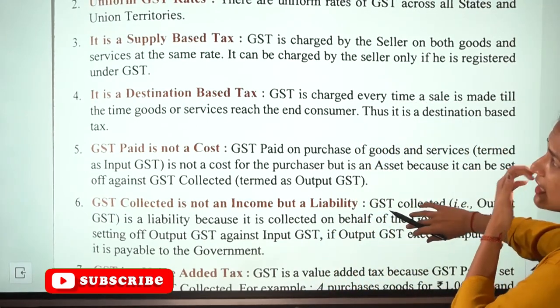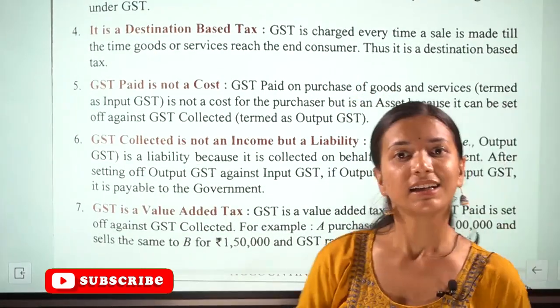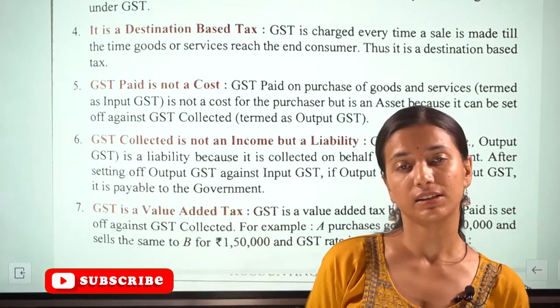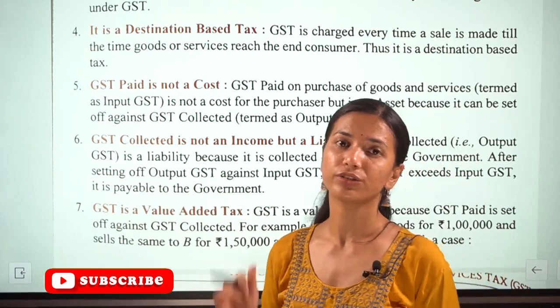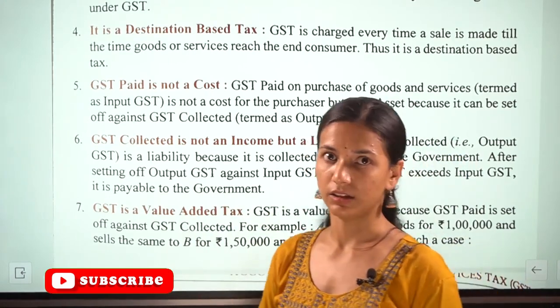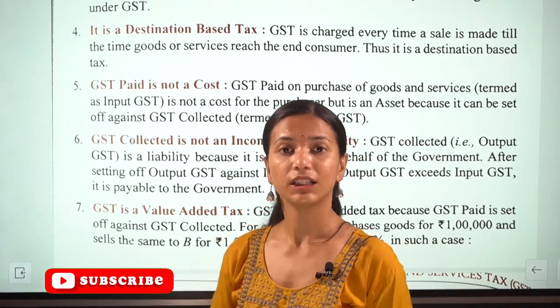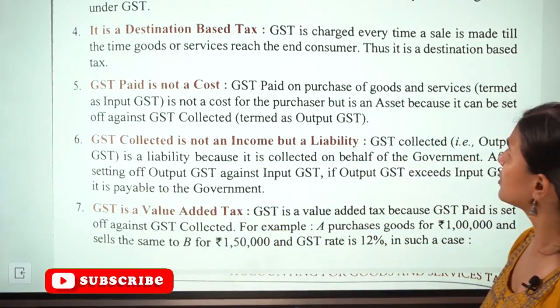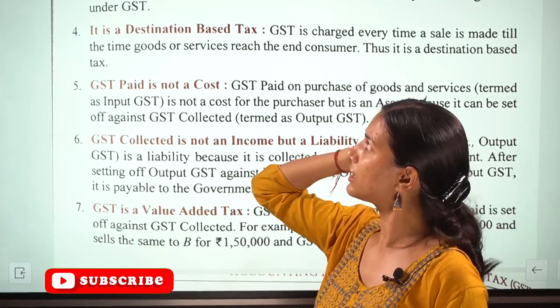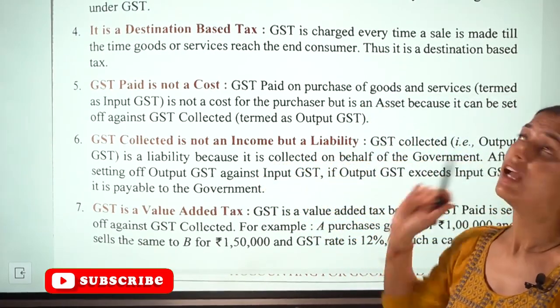Next we have, it is a destination based tax. Destination based means it will be charged from the end person, the last person that is going to receive the product. The tax will be charged on that person only, that means the customer or the consumer. So GST is charged every time a sale is made till the time goods or services reach the end consumer.